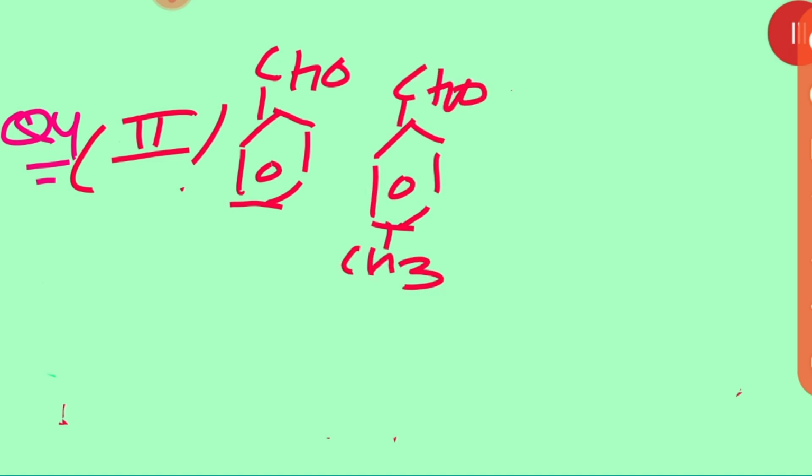Okay, in the second part, number 1 is benzaldehyde. Beta, benzaldehyde's formula is benzene with CHO. Then para-tolualdehyde: CHO with CH3 on the ring. Then para-nitrobenzaldehyde.